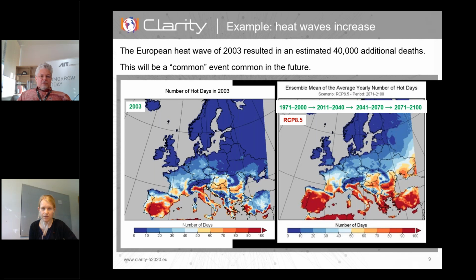Now, this is the first actual result of the Clarity project. And what is this showing? On the left side, we have, I think, probably the worst summer in recent history. In any case, the worst summer that I can remember, the summer when 40, some people say 70,000 people died because of the heat. And on the right side, you see the worst case prediction for the yearly number of hot days. So this is hot days left and right.